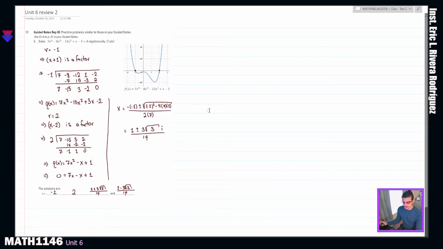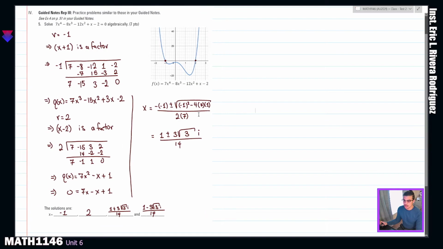Lastly, let's talk about how we lower the degree of the polynomial to get the depressed equation, based on the division of the original equation by one of the factors.